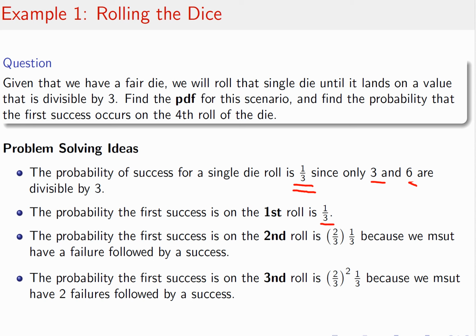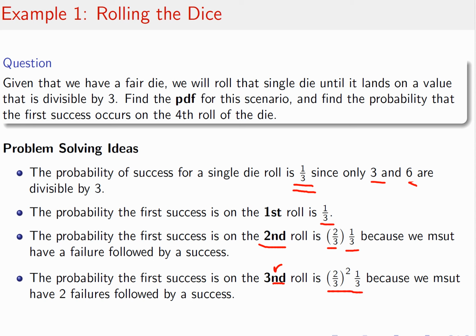But the probability that the first success is on the second roll is 2/3 times 1/3. Why? Well, there was a failure first, and then we had the success. So the failure is a 2/3 probability, and the success is a 1/3 probability. And then if the first success is happening on the third roll, third, I copy paste error, that should be an R and not an N.